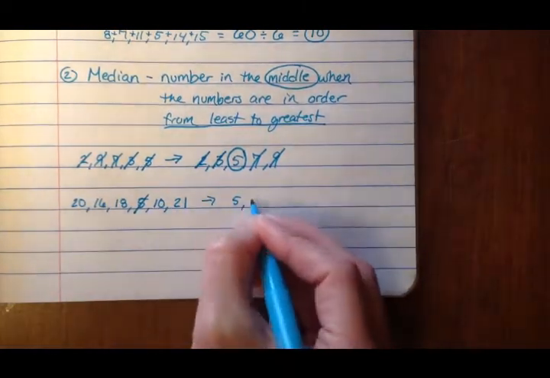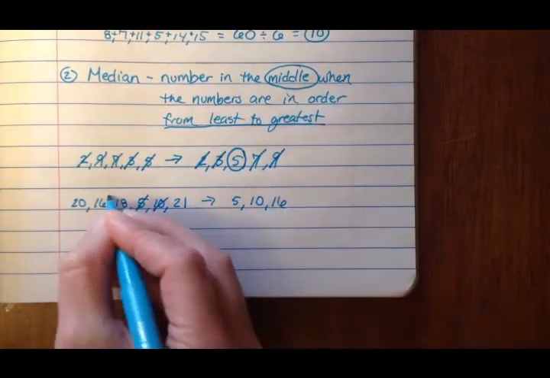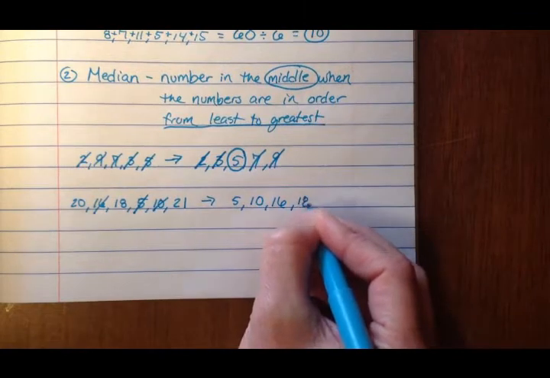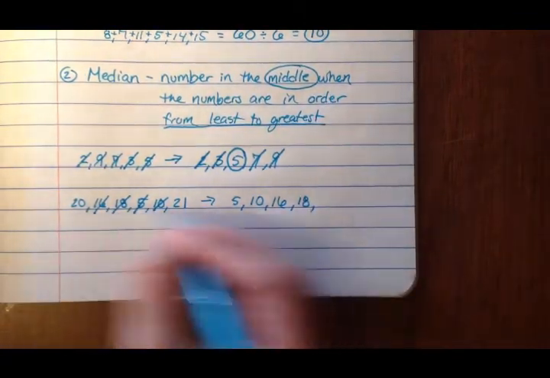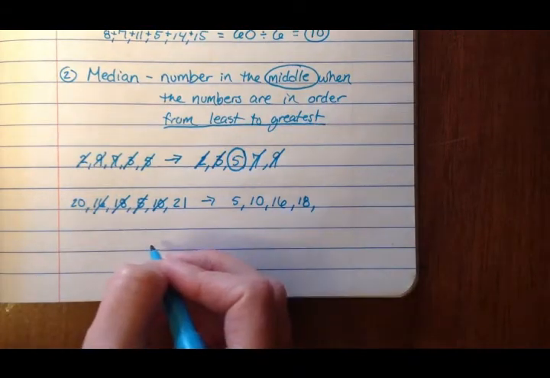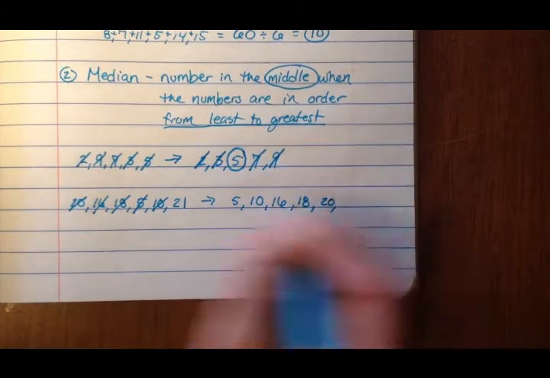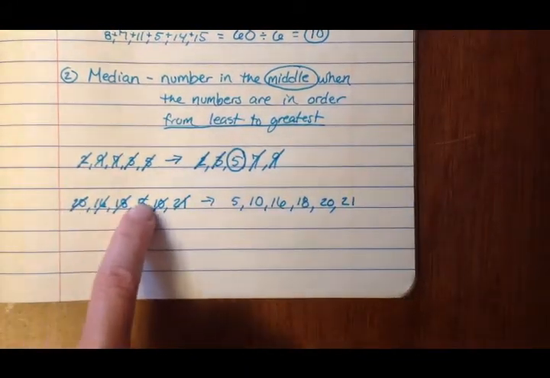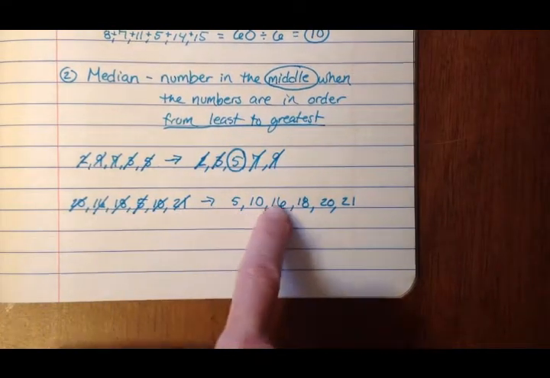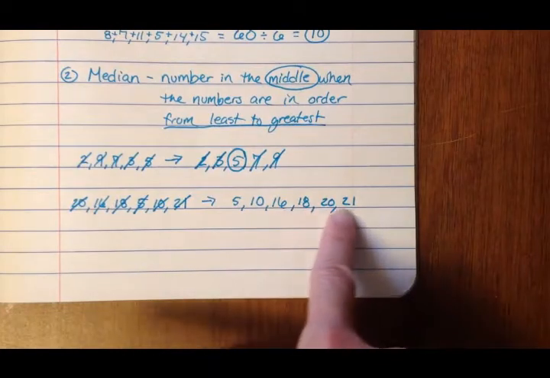After that is going to be 10, it looks like. Then 16. Then 18. As you're working through your quizzes, you'll probably want to have a piece of paper nearby so you can do this on your paper. It's going to be hard to do this on your computer screen. 20 comes next, and then 21 is the greatest. And so we check, we had 1, 2, 3, 4, 5, 6 numbers, 1, 2, 3, 4, 5, 6. We've got all the numbers, they're in order, least to greatest.